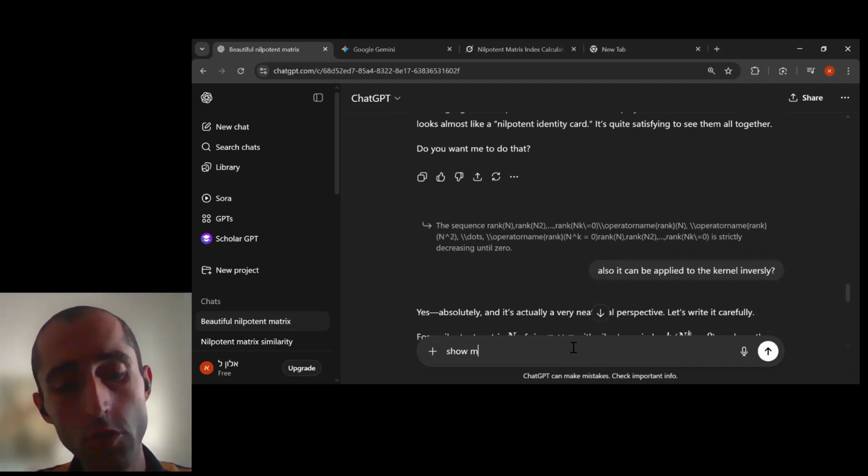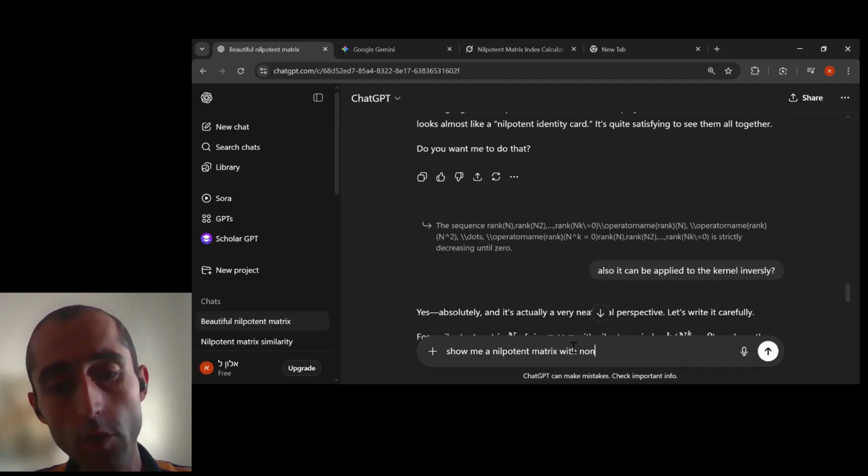And again, show me a nilpotent matrix with non-zero values on the diagonal.